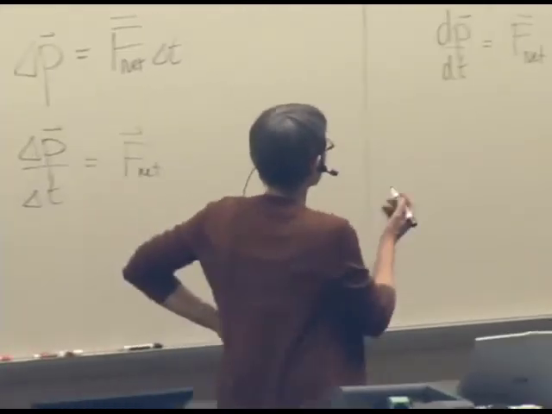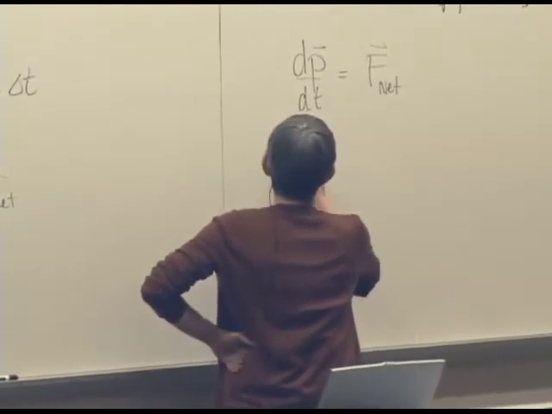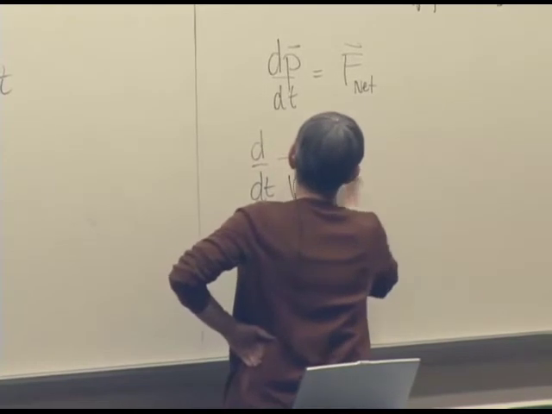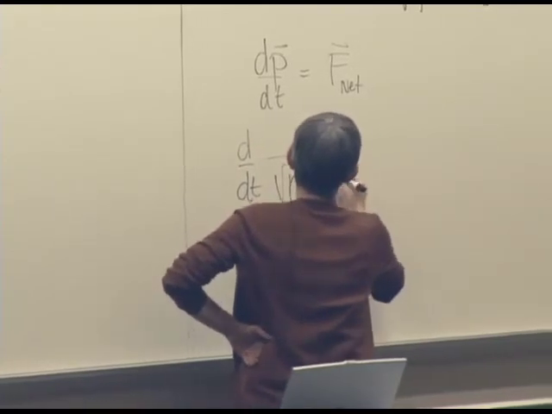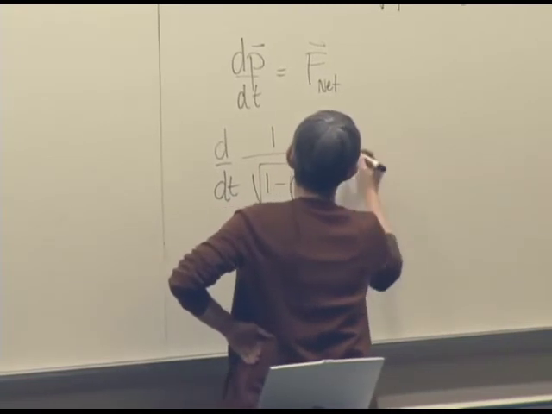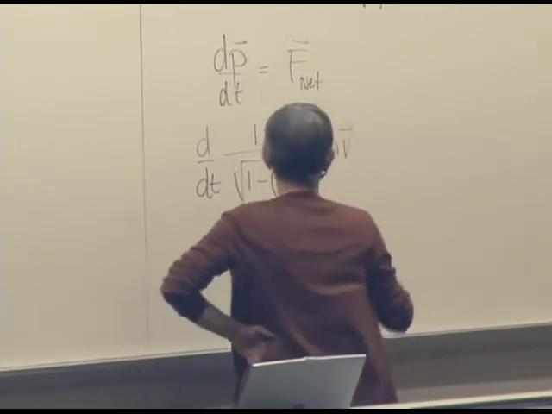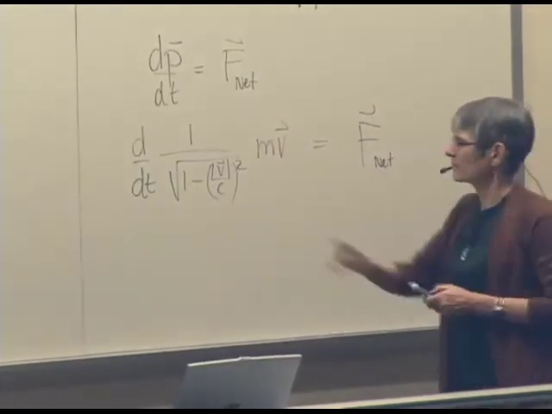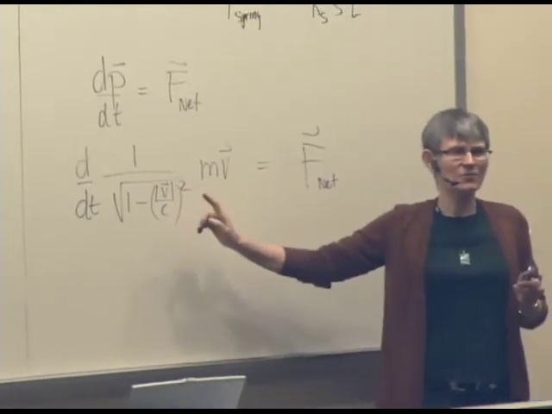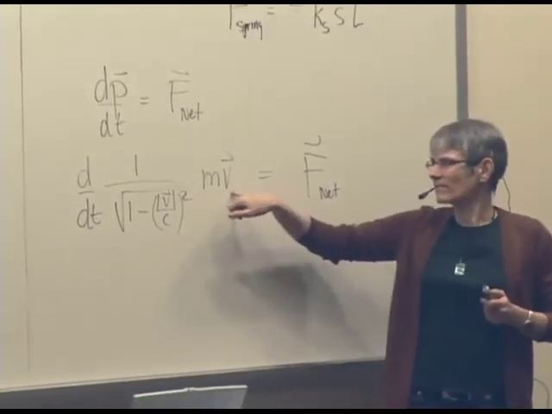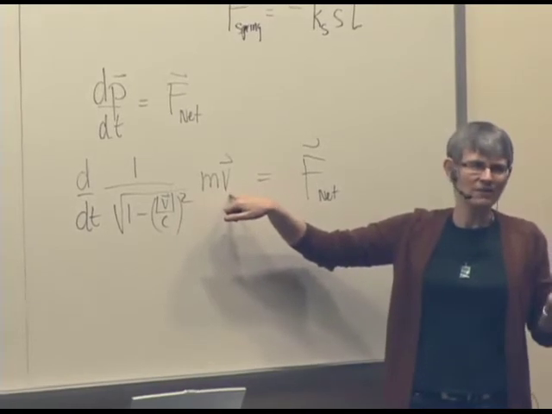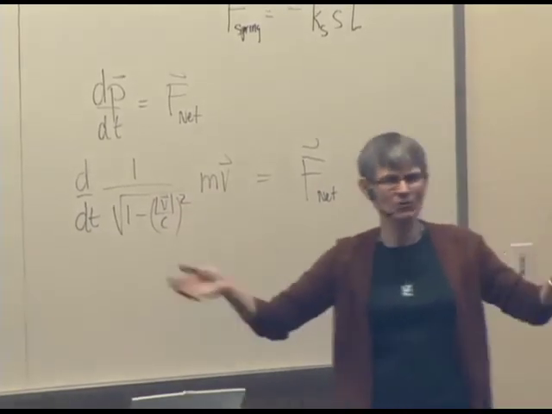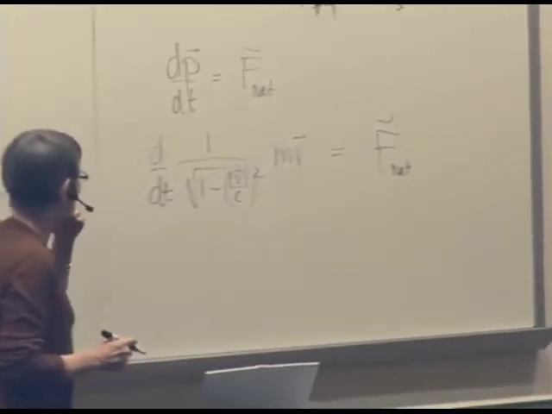Okay, so what does this mean? Well, we've got the time rate of change of 1 over the square root of 1 minus the magnitude of v over c squared, times mv, equals F net. And at high speeds, this is a messy expression because the direction and the magnitude of v can be changing, so gamma is also changing, so you need the product rule applied several times in it, and it looks fairly messy.